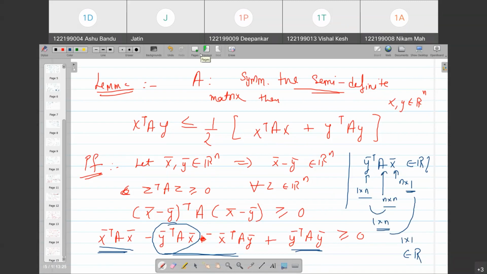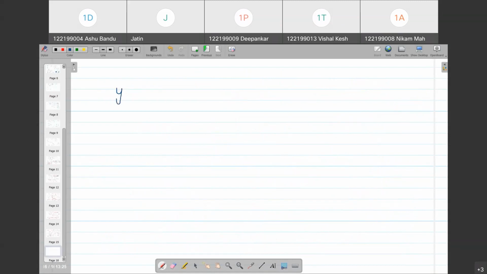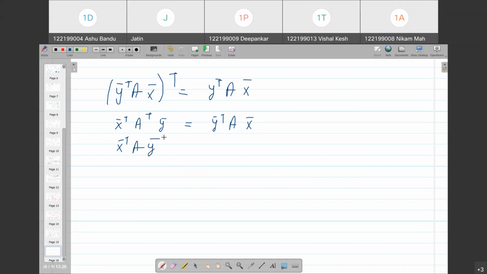Don't write down the proof, just understand. So Y transpose AX is a real number, so its transpose is the same thing, because if you take the transpose of a real number, you get the same answer. But what is this? This is X bar transpose, A transpose, Y bar, and since A is a symmetric matrix, this is what I get.